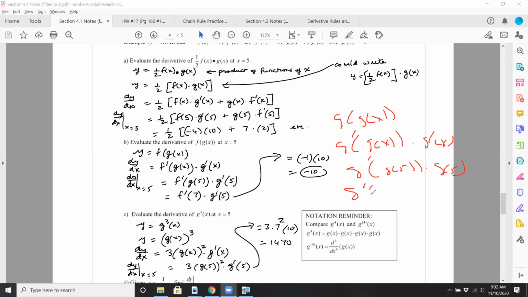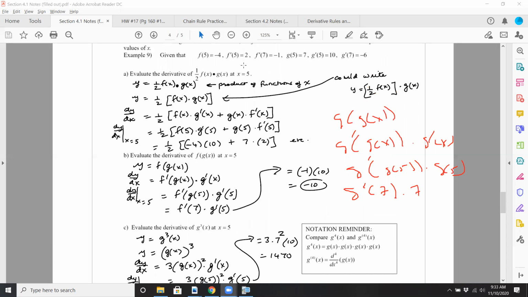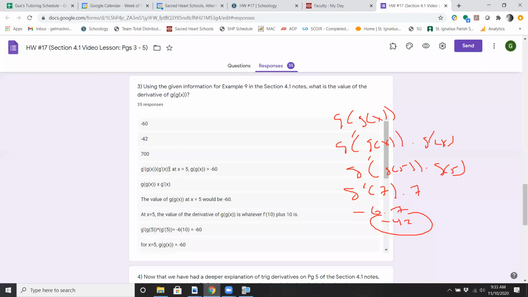So you have g prime of 7 times 7. Is that right? Okay. And then g prime of 7 is -6. Yeah, my bad. I wasn't very clear in my instructions, so I kind of messed that one up. So the answer should actually be -42 for that one. I should have put a 5 there.